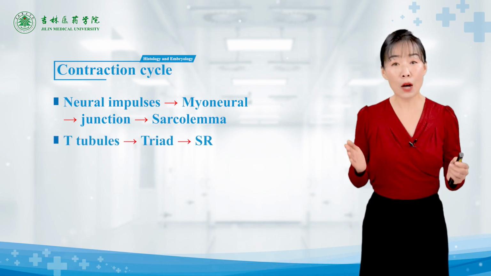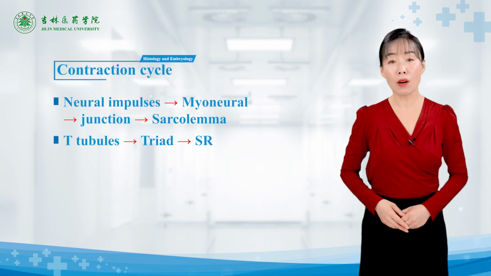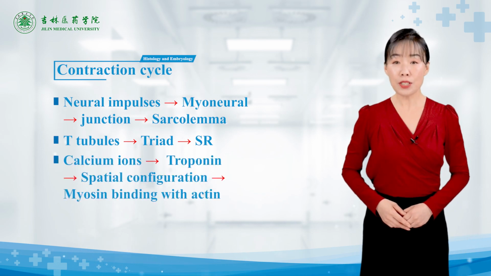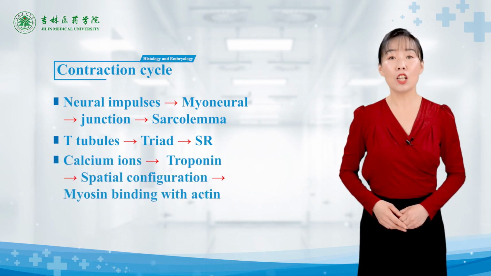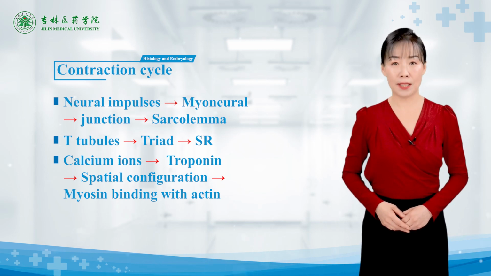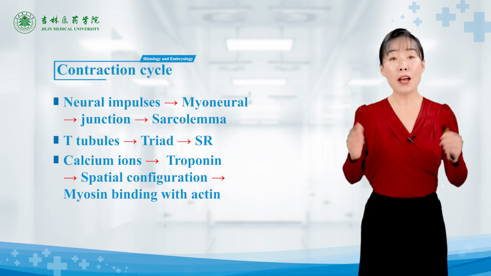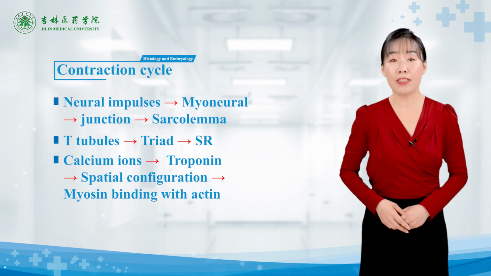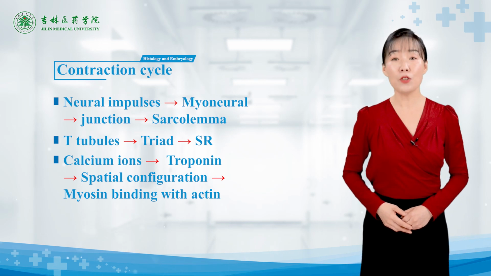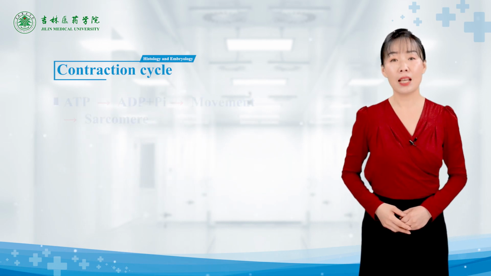Then the impulse is conducted inward by T tubules and triad to the sarcoplasmic reticulum. Calcium ions are released to the sarcoplasm and bound to troponin. The spatial configuration of thin filaments is changed. The cross-bridge of myosin binds with actin.